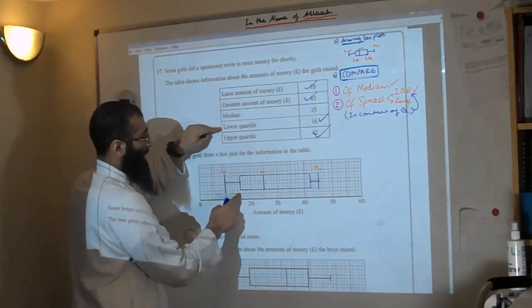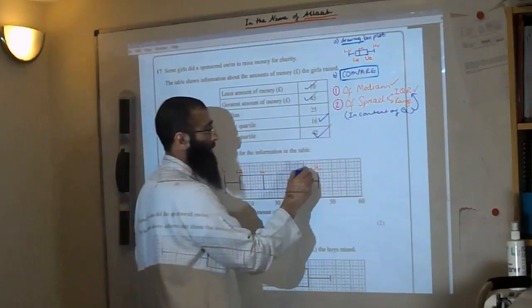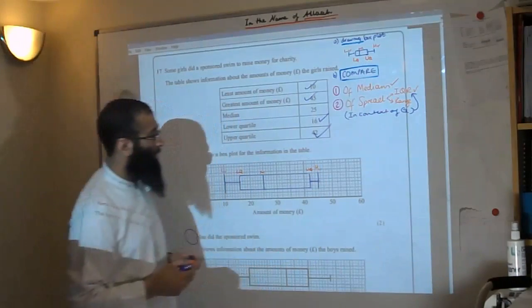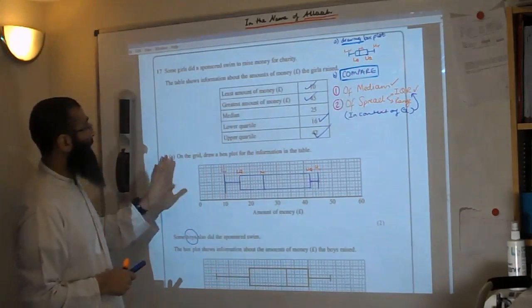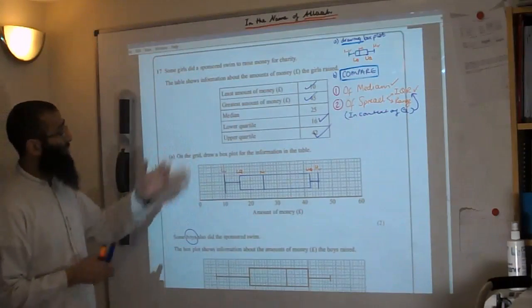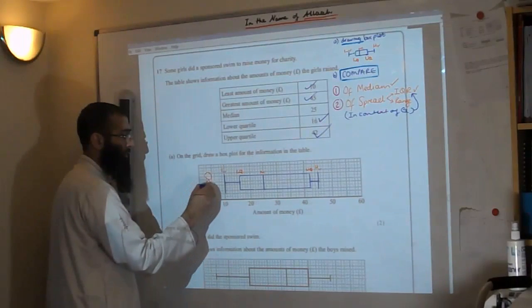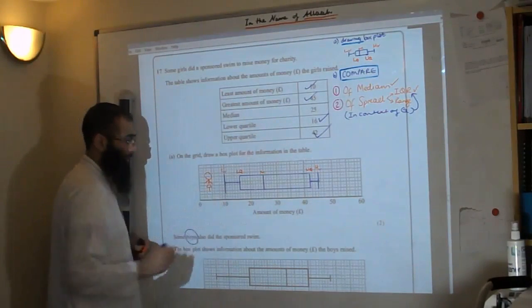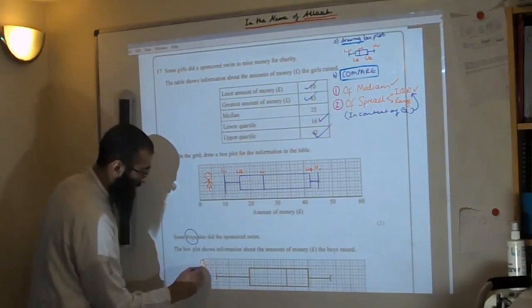The lower quartile was the beginning of the box, and the upper quartile was over here. Okay, so that's the first part of the question done. On the grid, draw a box plot. So this is the box plot for the girls. Okay, some boys also did the sponsored swim, so this is the boys one.